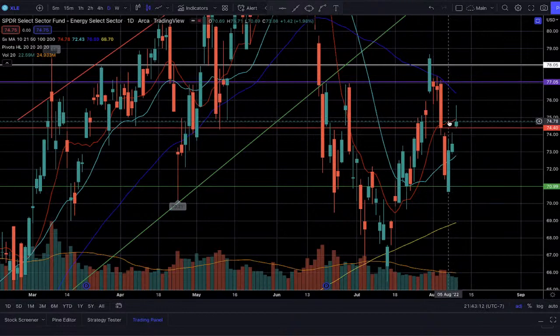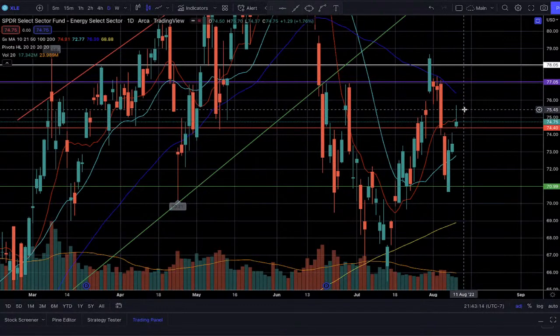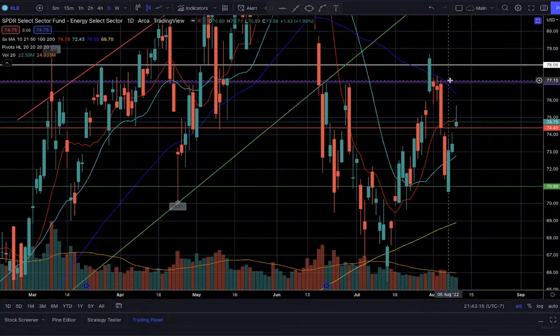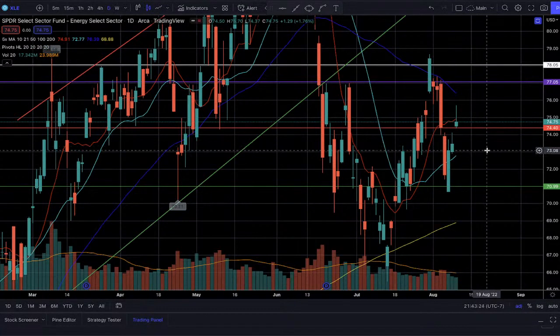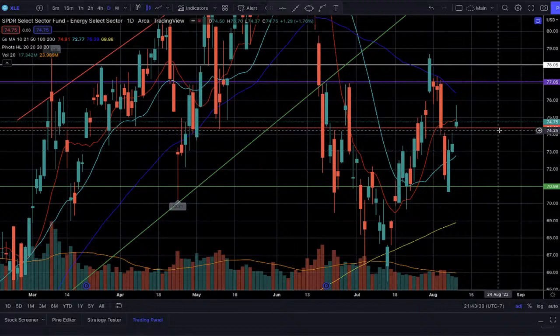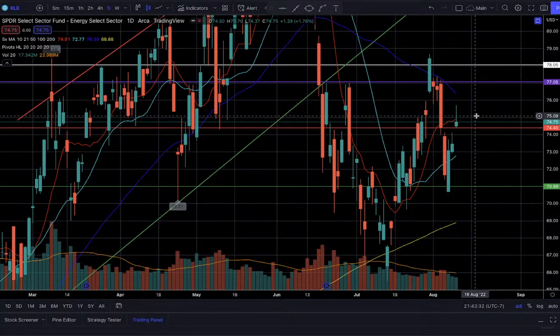All right, so obviously we tried to come back to the 50 SMA, but even the mere proximity of the 50 SMA has had us reject hard today. And energy was pretty strong today. It wasn't the strongest sector, but it was one of the few strong sectors that we were looking at. And we're able to hold above the 74.40 or 74.50 level once again, right?